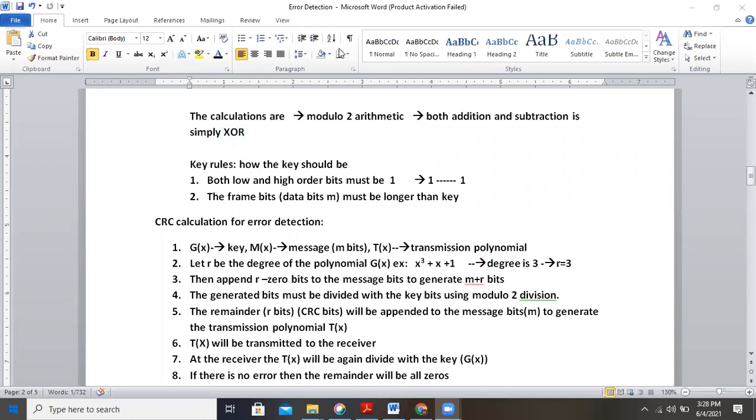Roll number 9. Answer my question. What is XOR operation? Are you there?